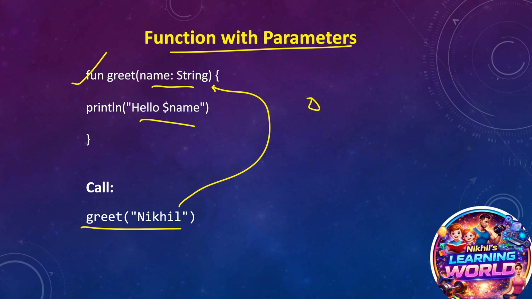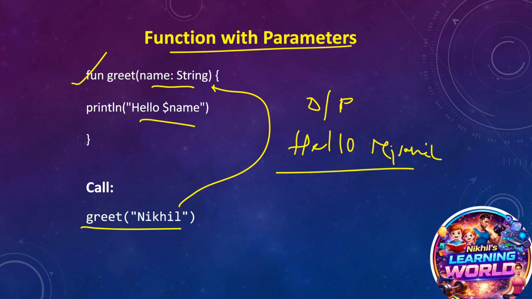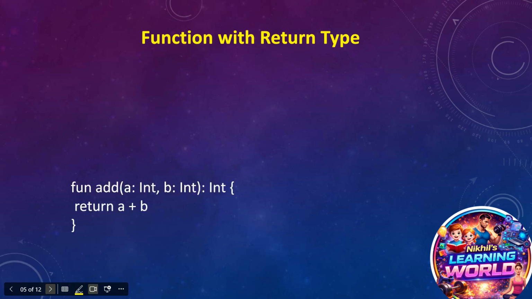The block of code is like hello $name, whatever name is sent to the function. Here is an example, greet Nikhil. Nikhil will be the parameter passed to that function, and it will print hello Nikhil, right? Very simple way.